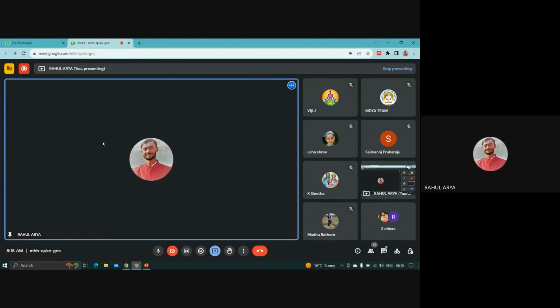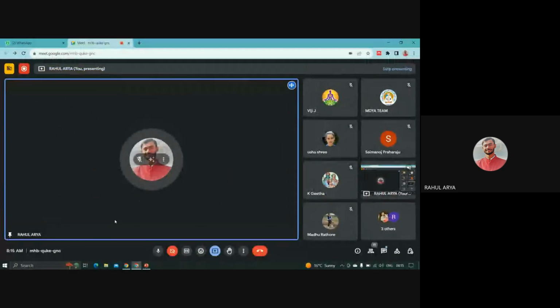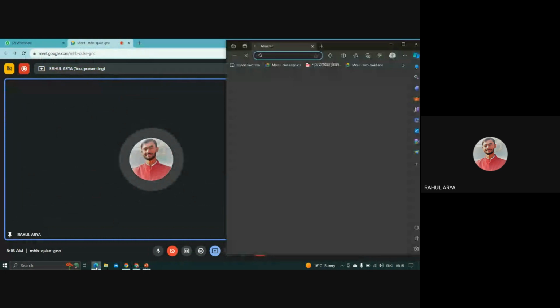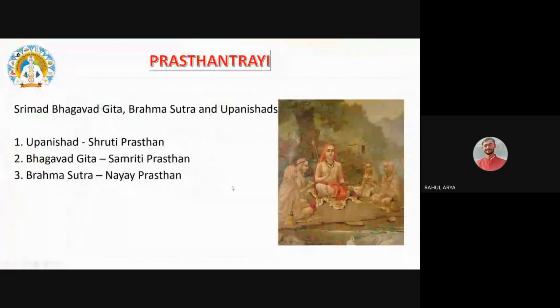But in previous times, no IQ kind of concept was there. The concept was that the person who writes a bhasha on these 3 texts should be the great person.